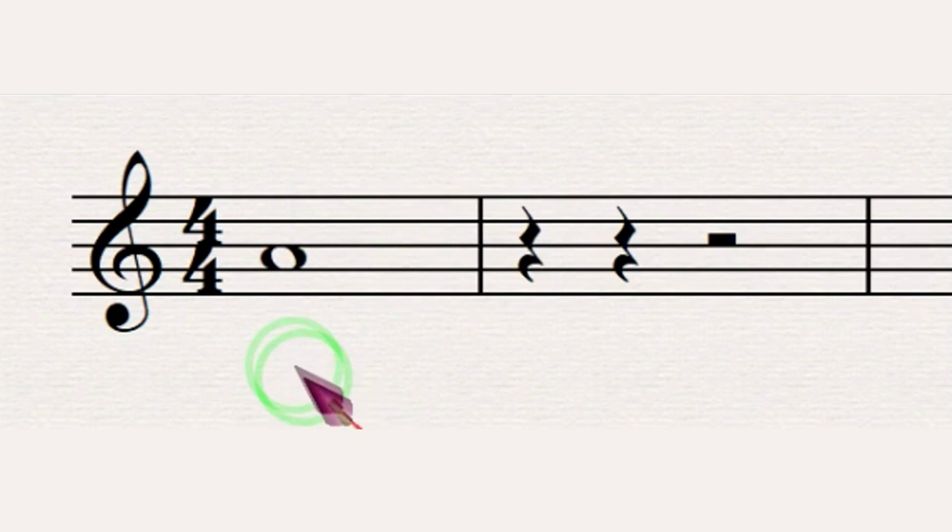If we want a whole note or a semibreve to be silenced, we replace it with a semibreve rest, which is this one here, a rectangle hanging from the 4th line.